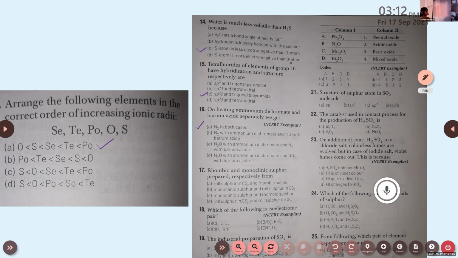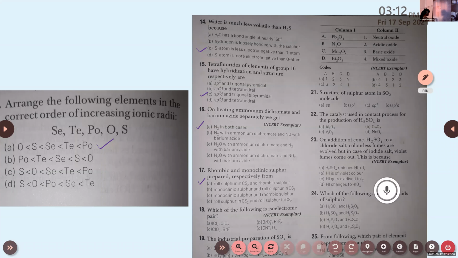Then what about monoclinic sulfur? Rhombic sulfur. So which is the correct option? First one, roll sulfur in CS2, and second one is rhombic sulfur. Option A. Rhombic sulfur is prepared from roll sulfur in CS2 and monoclinic sulfur from rhombic sulfur.